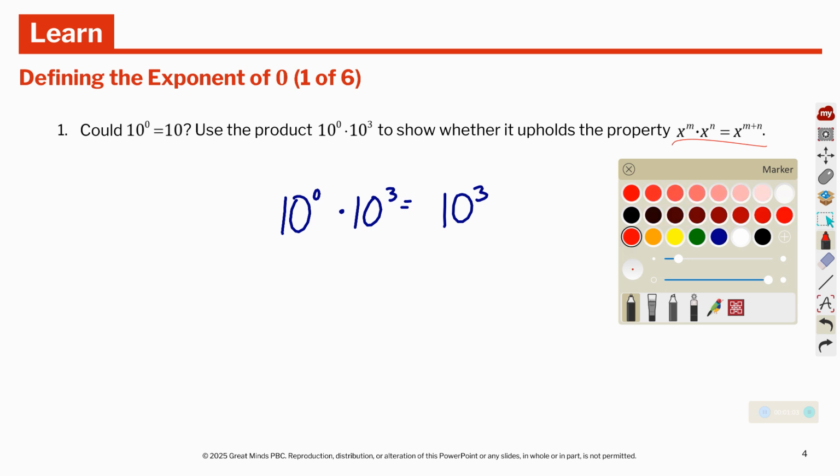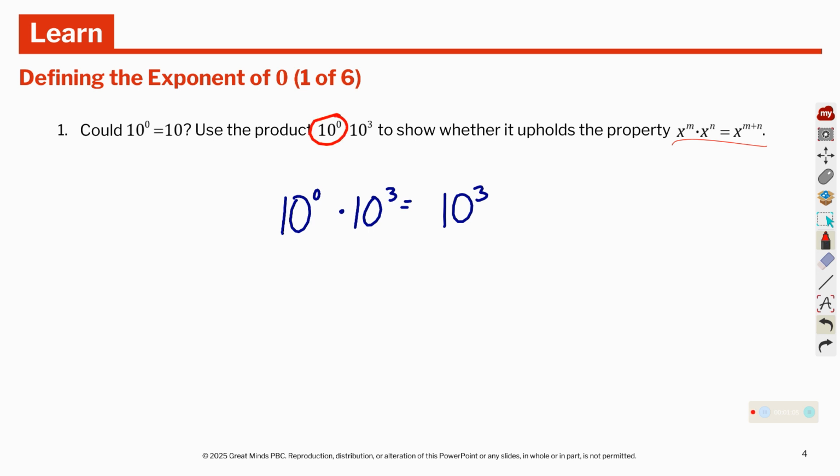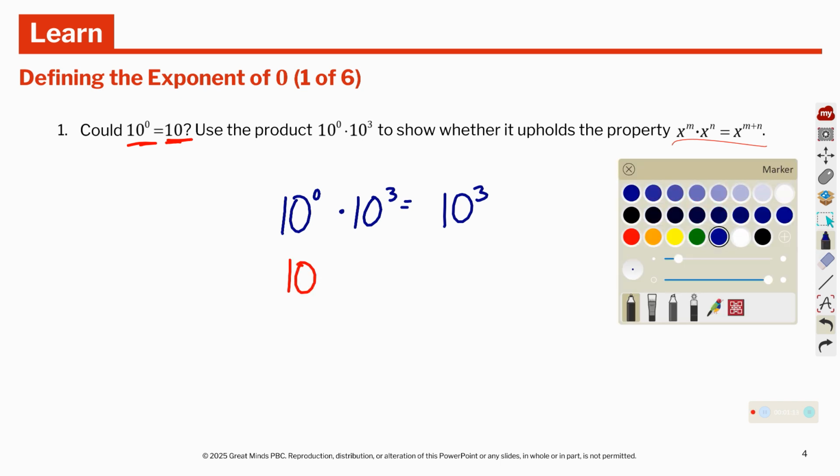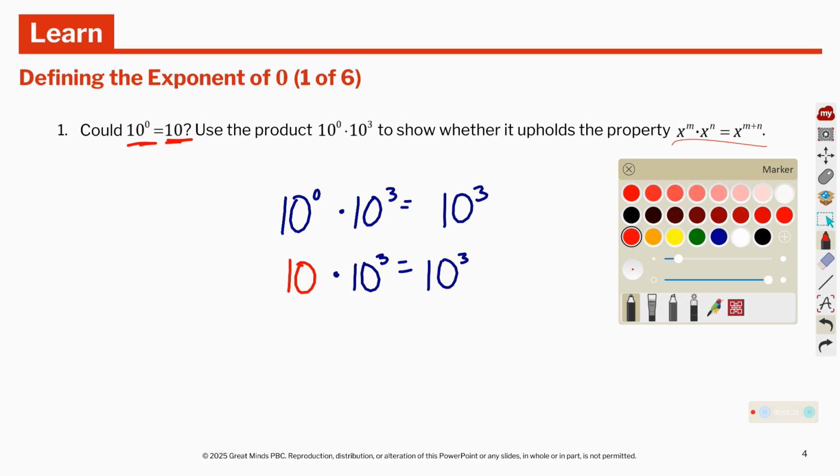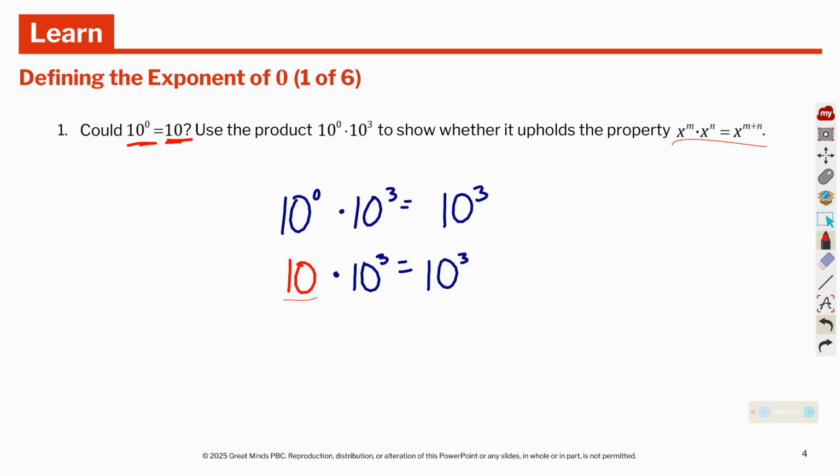If I replace 10 to the 0 with 10, like you see here, then the rest of the problem would say 10 times 10 to the third is equal to 10 to the third. But we know that this would be 1 10 and then 3 additional 10s.